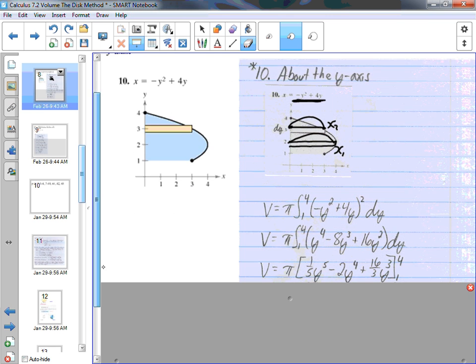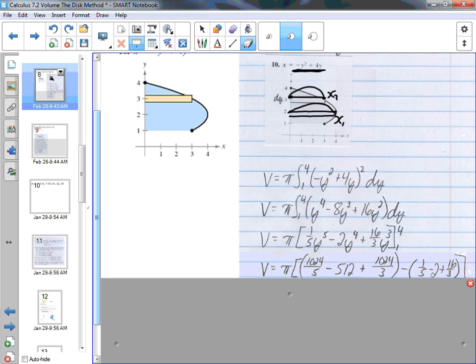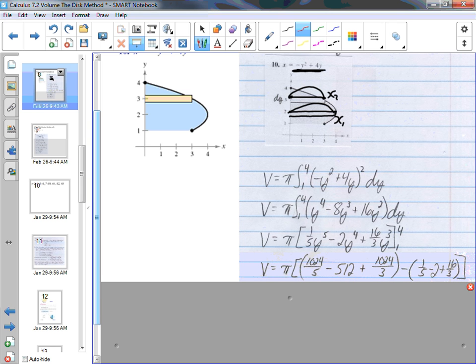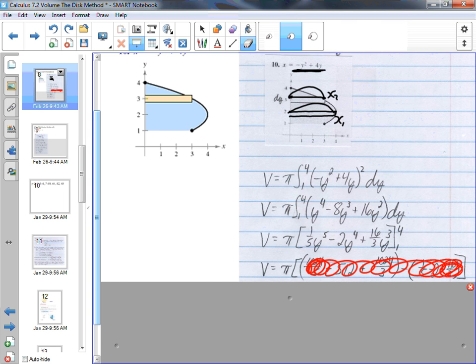All right, and you may find a calculator helpful at this point. We evaluate for 4 first. So volume equals pi times, all right, 4 to the 5th is 1,024. So that's 1,024 fifths. And then 4 to the 4th times 2 is negative 512.